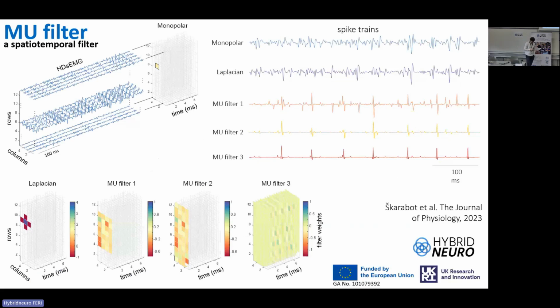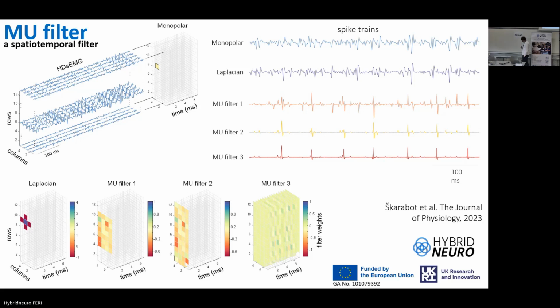Okay, Alex showed this slide before, but he did not explain it. What this slide actually shows is if we take a monopolar measurement, which is in the upper right corner, and apply a Laplacian filter to it, we can get a bit more sparseness in the signal.